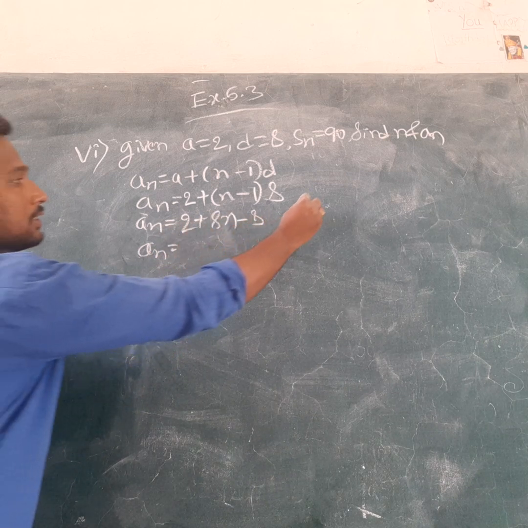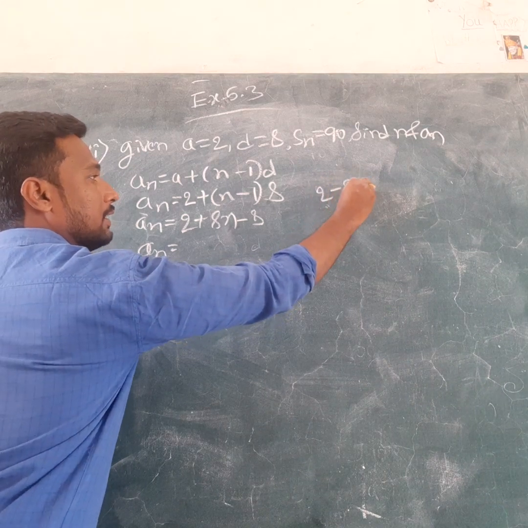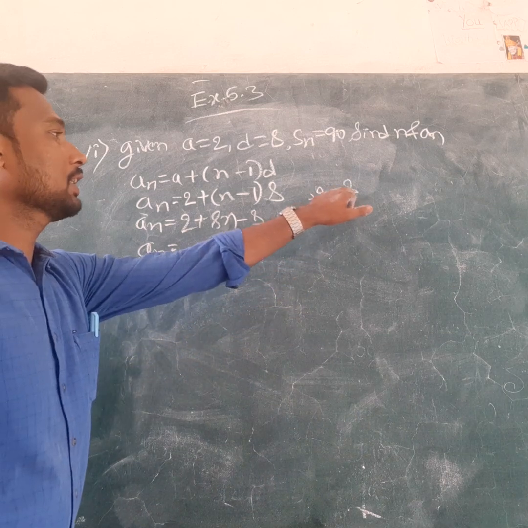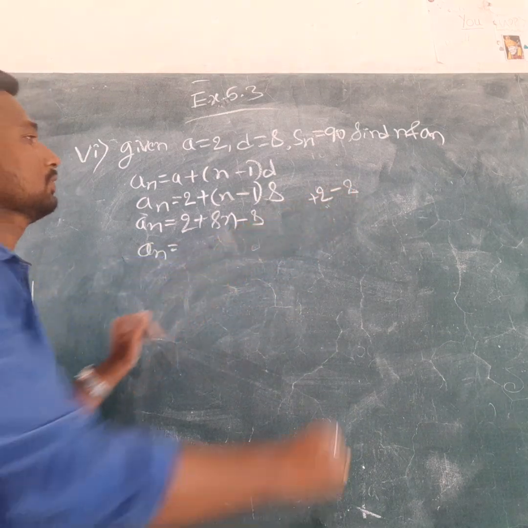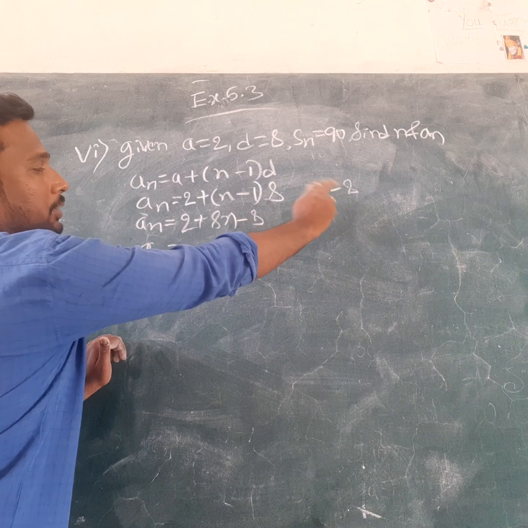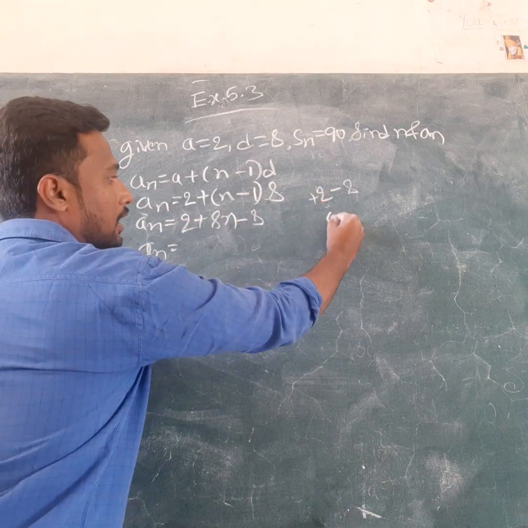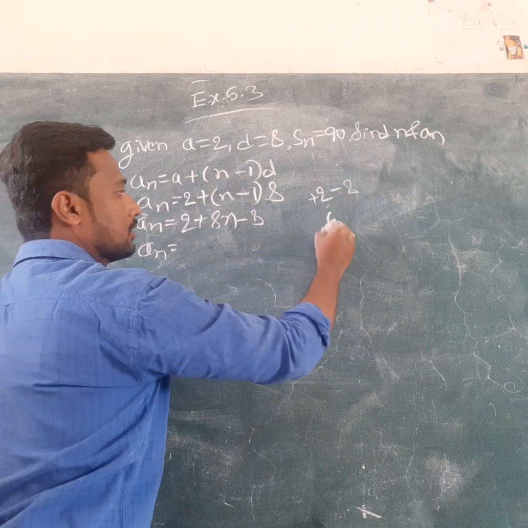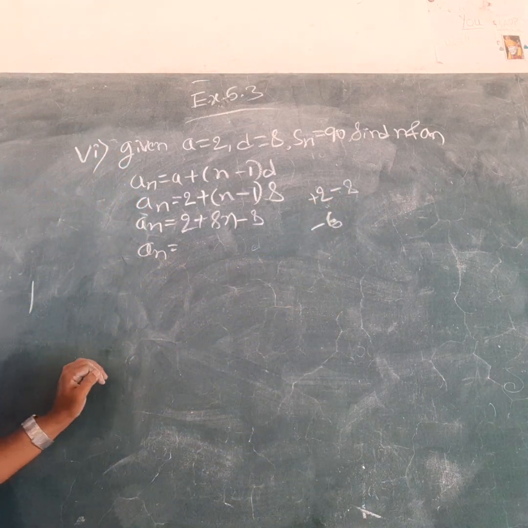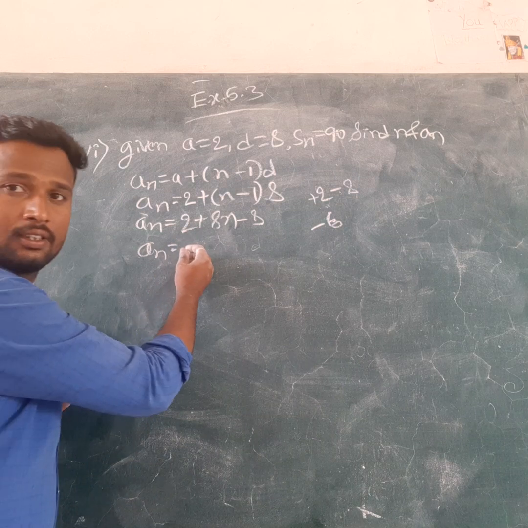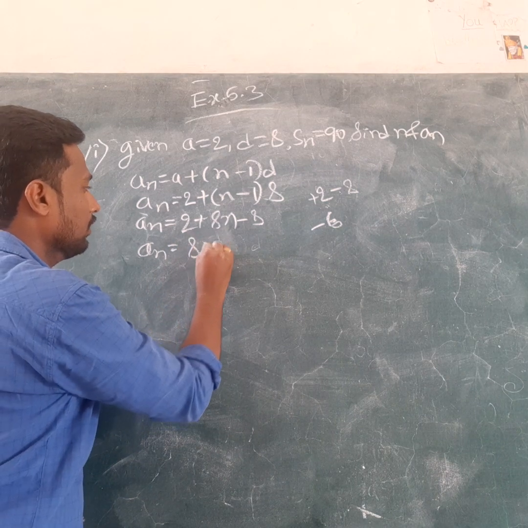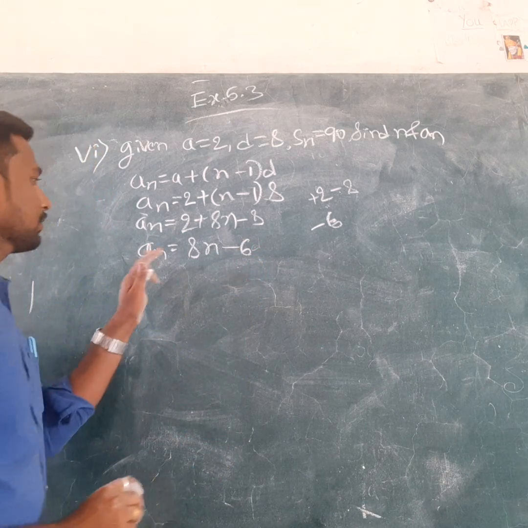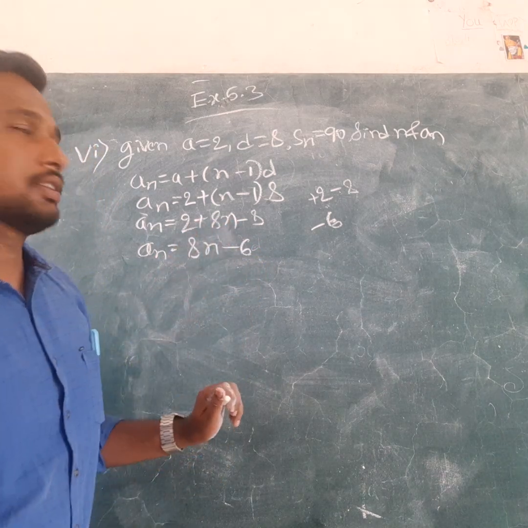What is the answer of plus 2 minus 8? Plus into minus, minus we have to subtract. So 8 minus 2 means 6, and the sign in front of the bigger value is minus. So answer is minus 6. So it is An is equal to 8n minus 6.